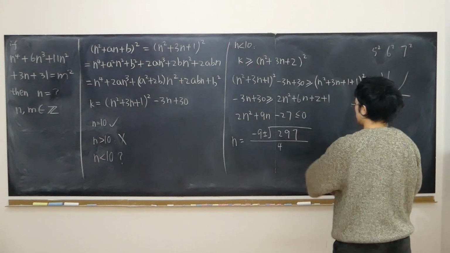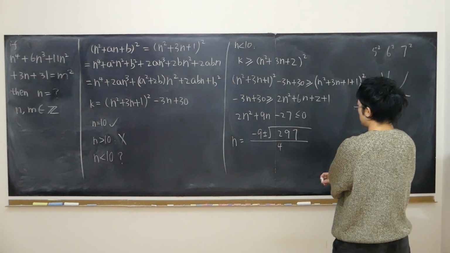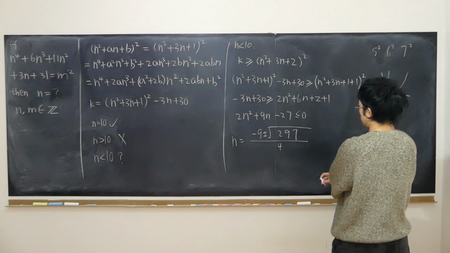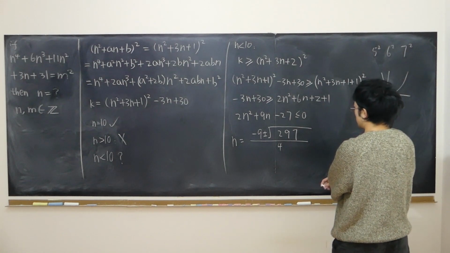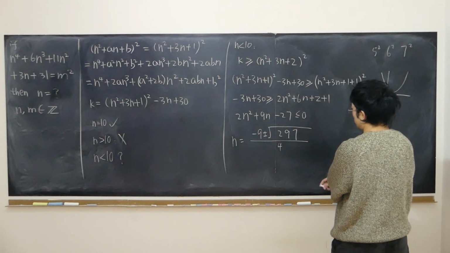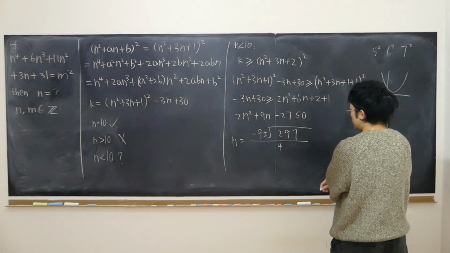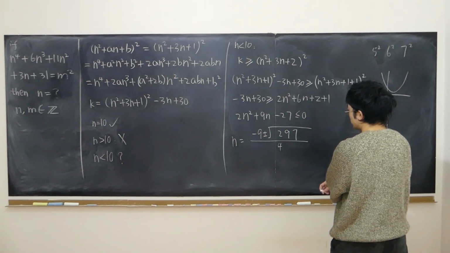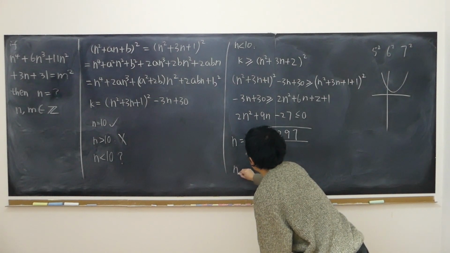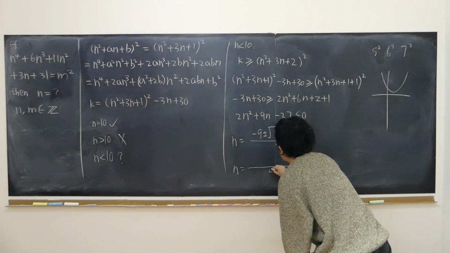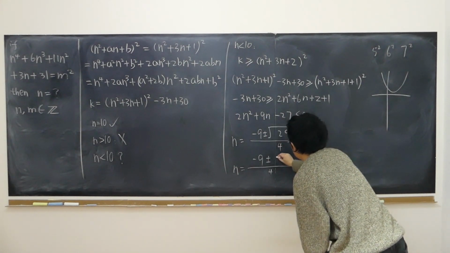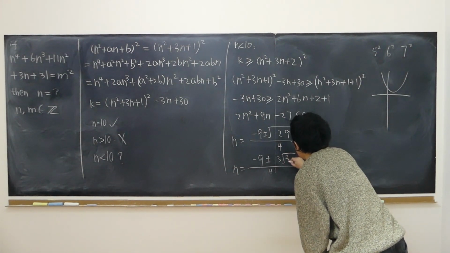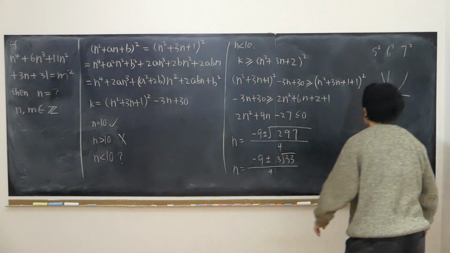Correct. 297 divided by 9 is 33. Yeah. So this square root can be written as square root of 9 times 33. So extract 9 out, becomes 3. Right? So n equals minus 9 over 4, plus or minus 3 square root of 33 over 4.